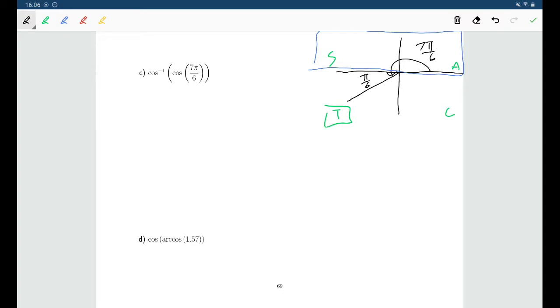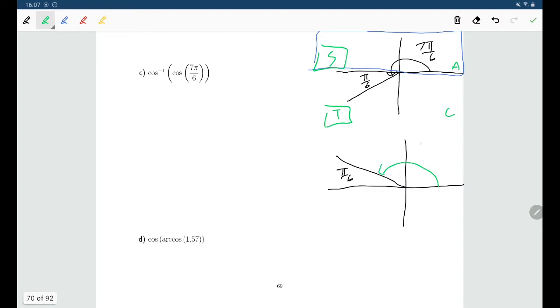So I'm thinking here, well, cos of 7 pi over 6 is negative, and in quadrant 2, cosine is also negative. So if we took an angle in quadrant 2 that had the same reference angle of pi over 6, and again, if all of this is 6 pi over 6, then that means that this angle should be 5 pi over 6.